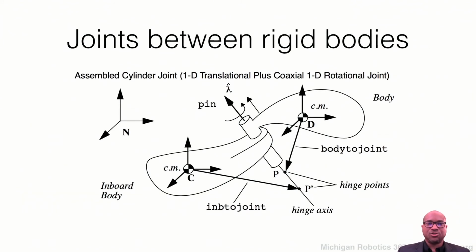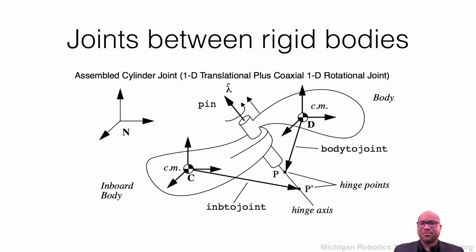We should note that joints between these rigid bodies are now part of the picture. This is a pictorial view of what joints look like between the rigid bodies. You have the center of mass of the inboard and outboard body, and for a hinge joint, for instance, you can have rotation about the axis of that cylinder.